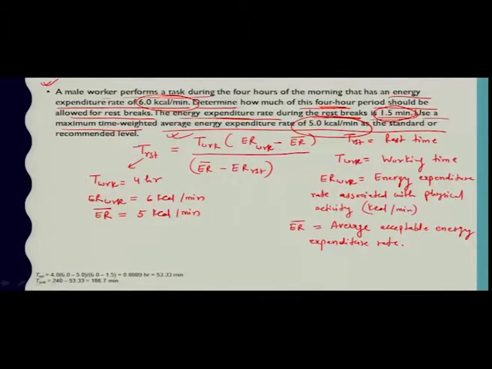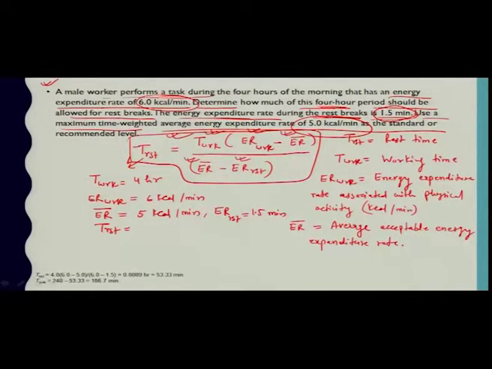So ER_RST is given as 1.5. So in this formula, T_WRK is given as 4 hours, ER_WRK is given as 6 kilocalorie per minute, and ER bar is 5 kilocalorie per minute. The energy expenditure rate associated with the rest break is also given.